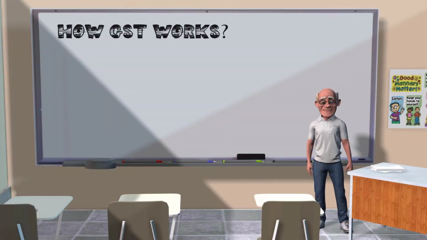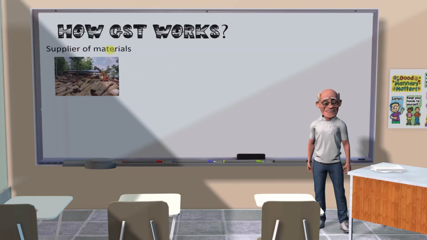Let's have a look at how GST works and how it is put together. Firstly, we have a supplier of materials. We're going to look at an example of somebody making furniture and selling the furniture.